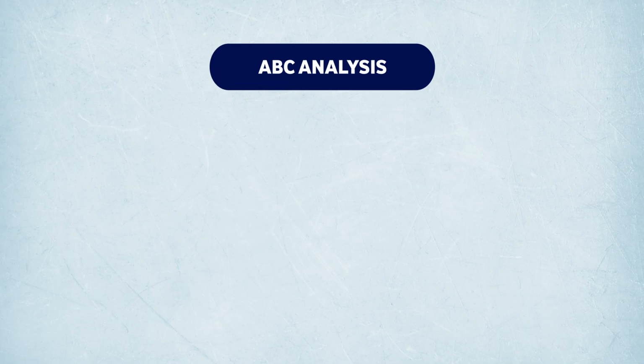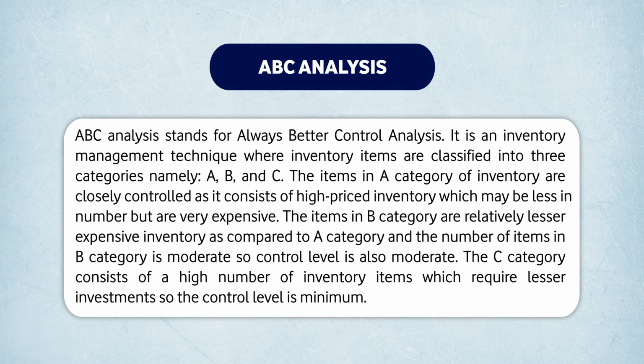explain the ABC analysis. ABC analysis stands for always better control, which I have already told you. It is an inventory management technique where the inventory items are classified into three categories: A class, B class and C class.